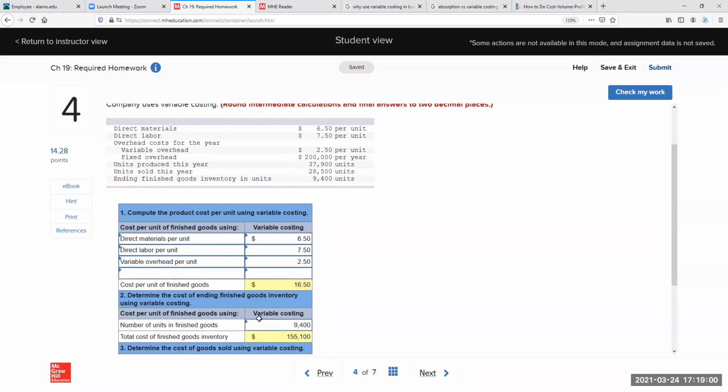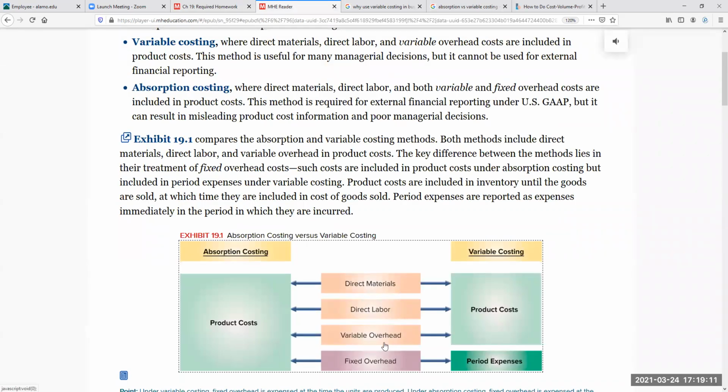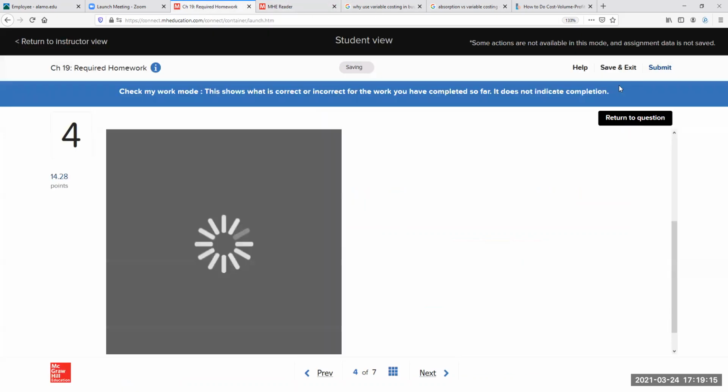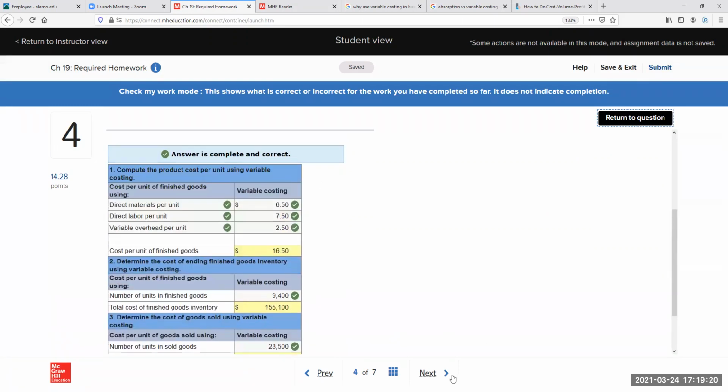And how many units are sold? 28.5. So we only included materials, labor, and overhead for variable. Let's check our work. There we go. That's number 4.